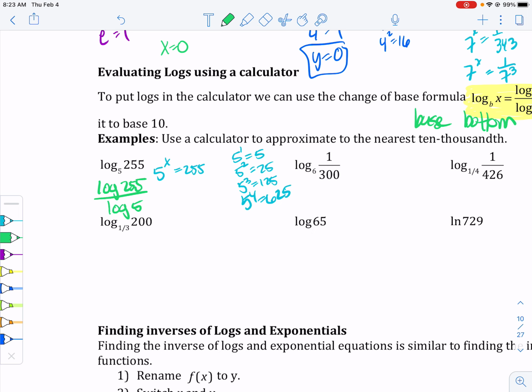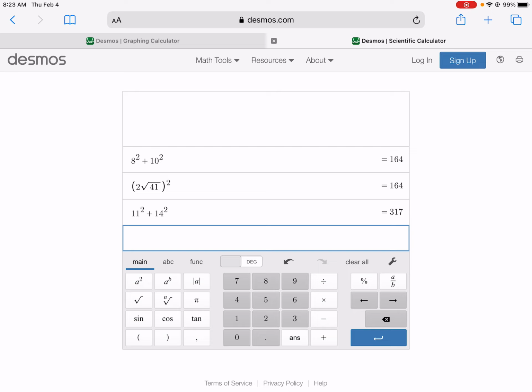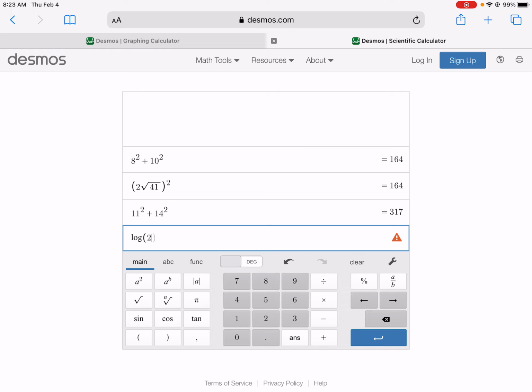On your calculators, if you're using a Desmos calculator, you would go to function, and then there's log. Then you would go back to main to do 255. You would have to close your parenthesis, then divide, then go back to your log on the function page, and then do log 5.